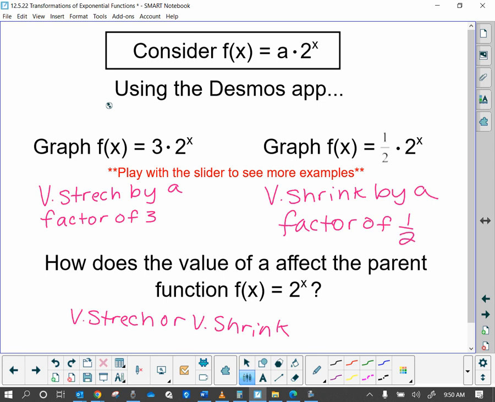Yeah, because a is your y-intercept. So if you don't see anything there, like if we just had y equals 2 to the x power, your y-intercept is 1. But whatever number you have in front, that is your y-intercept. 1/2 would be your y-intercept here. 3 would be your y-intercept here.